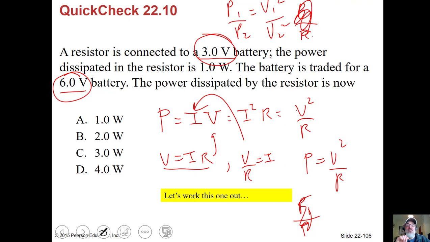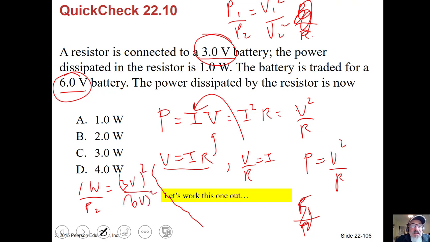So by setting up a proportion, that's what I mean. And then we can plug in the things that we know. Running out of room here, but let me try to do this over here. Power 1 was 1 watt. Power in the second case, we don't know. Voltage 1 was 3 volts. Don't forget the squared in the formula. And now we went up to 6 volts. So then you can figure out power 2.